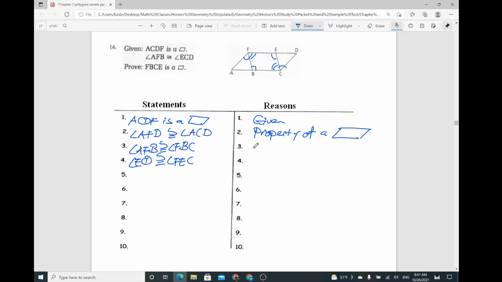So this one is by using definition of alternate interior angles. So for statement number 3 and 4, it's the same reason, definition of alternate interior angles. So therefore angle FBC is congruent to angle FEC. And this one using definition of congruent angles.